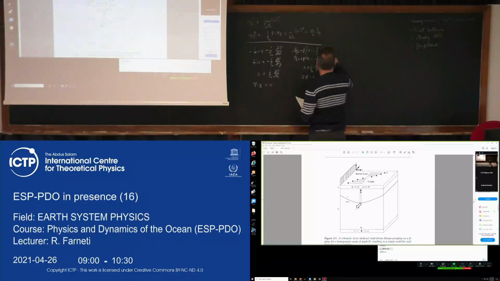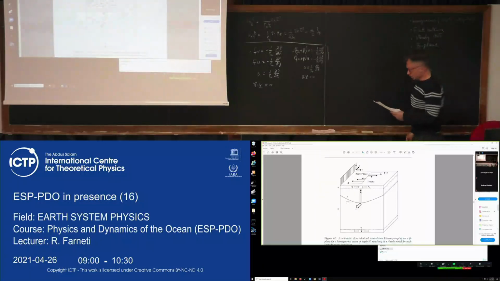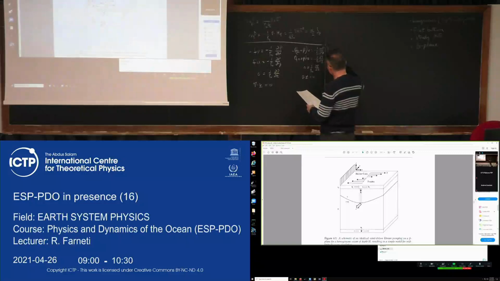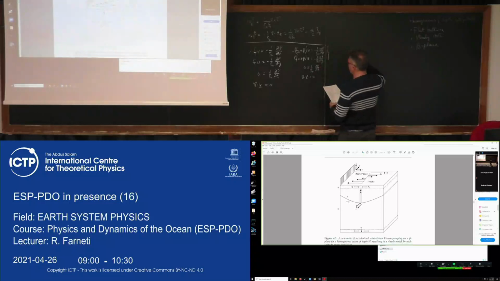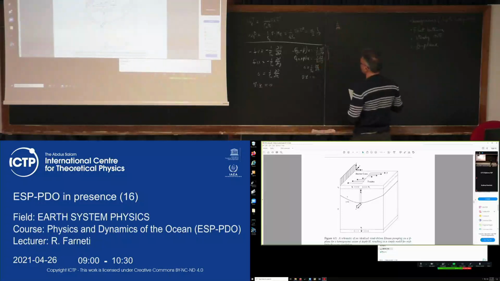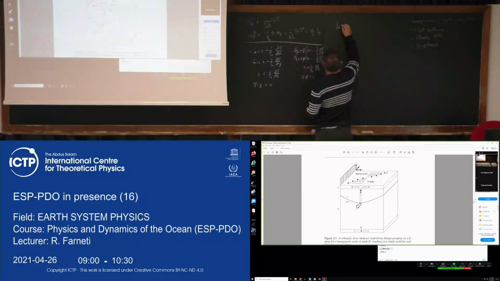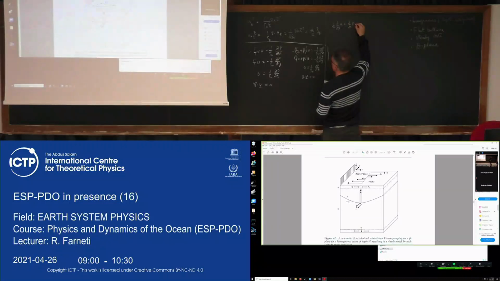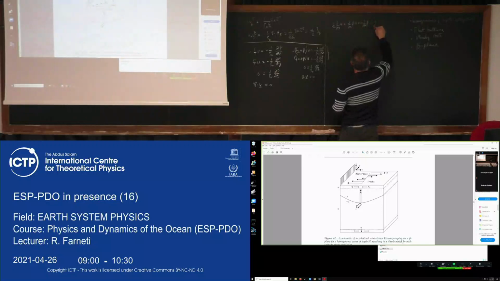Now we can cross-differentiate the horizontal momentum equations. We're going to do d by dx of this one minus d by dy of this one. If you do the d by dx, that's f naught u plus d by dx of beta y u, minus 1 over rho the pressure term.